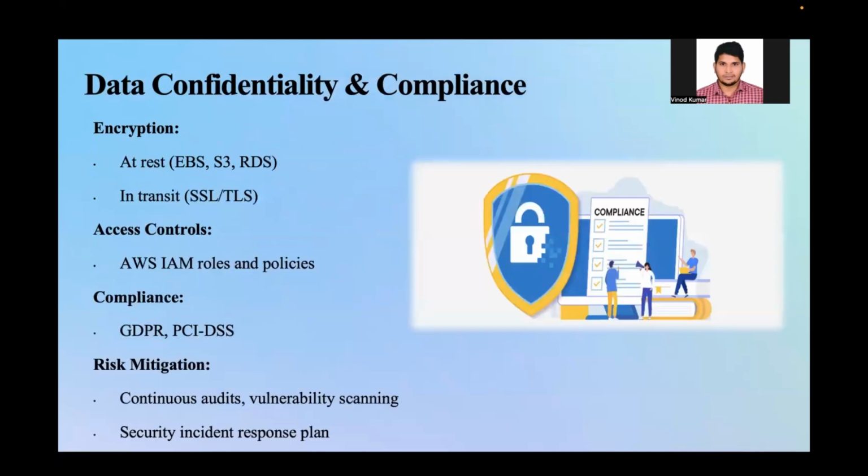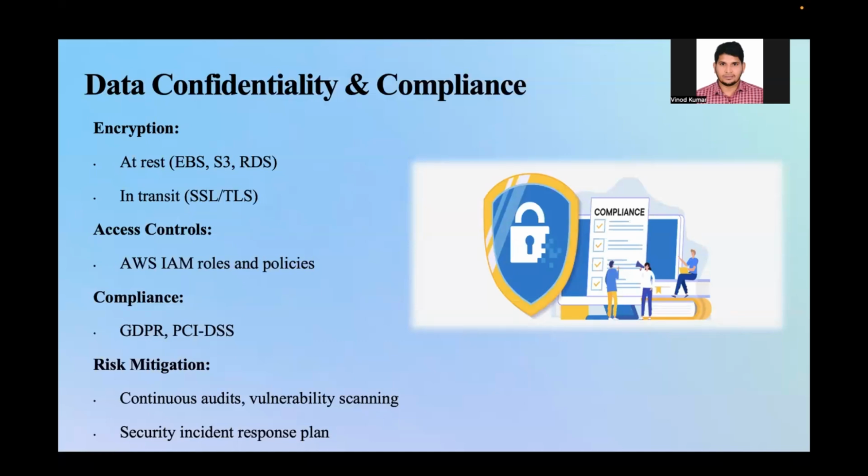Moving on to the next slide, data confidentiality and compliance. Tech Solution Inc. must safeguard its sensitive data and stay compliant with industry regulation. To do this, we enable encryption at rest and in transit. That means we encrypt storage volumes and databases, and we use HTTPS and TLS to keep data safe during transfer.